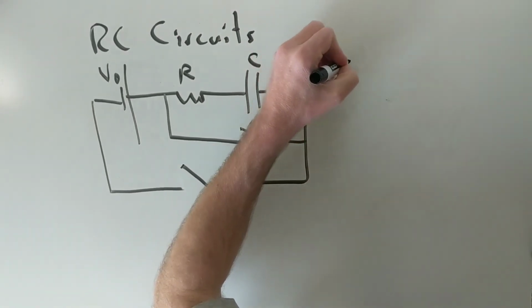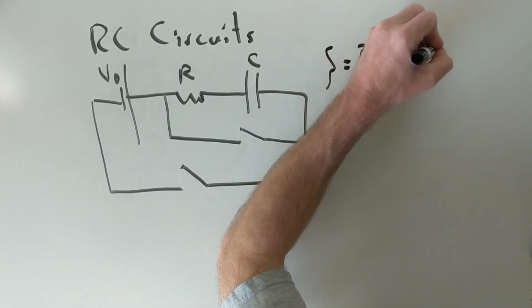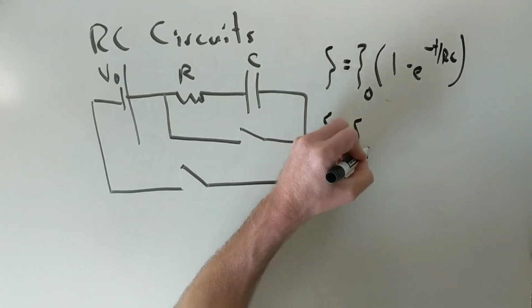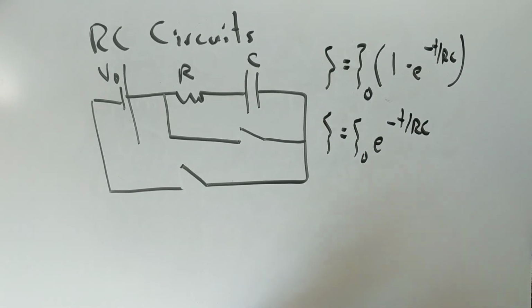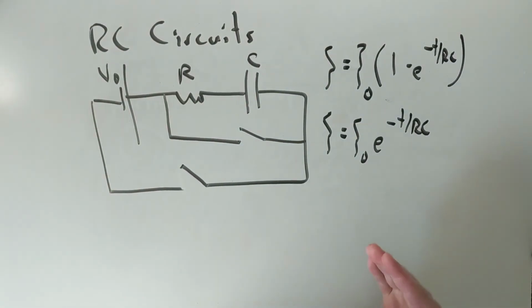The quantity, if it is increasing, will look something like this. If it's decreasing, it'll look something like this. So for instance, the current in the beginning, when you first turn it on, you get a lot of current because this behaves like a wire. And then after a while, it dies down.